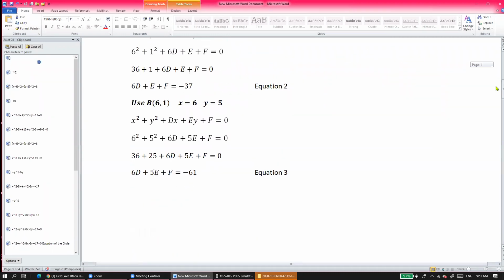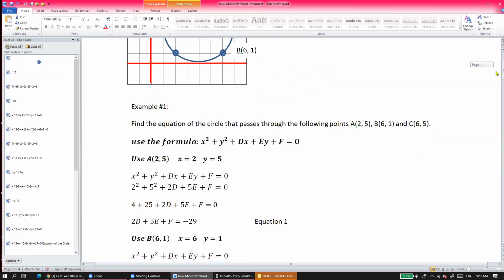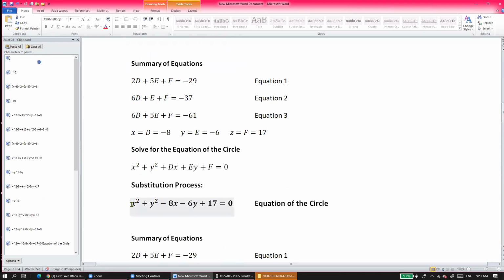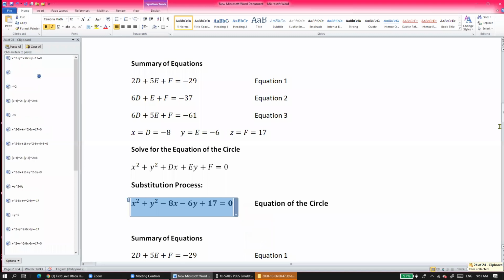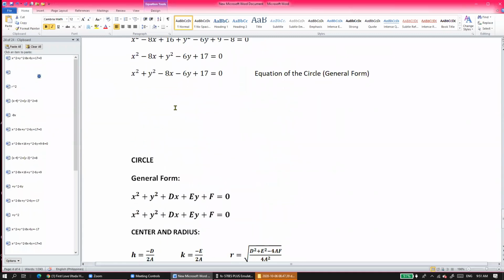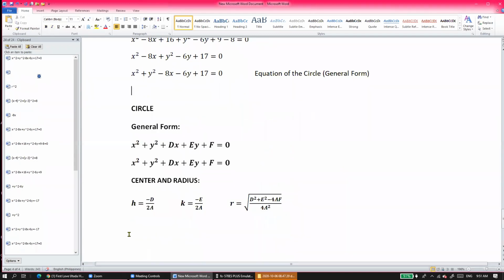Ilalagay ko yan sa pinakababa. Gusto kong mahanap ang center ng bilog ng madali. Ng napakadali lang. Okay. Ito yung center ng bilog natin.